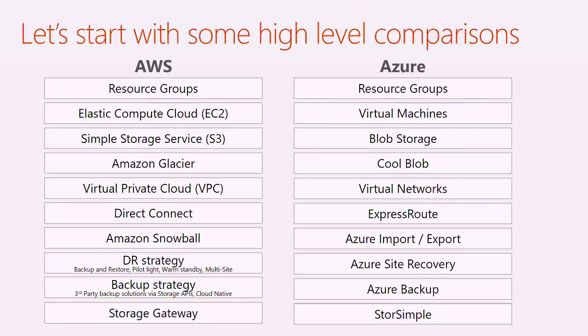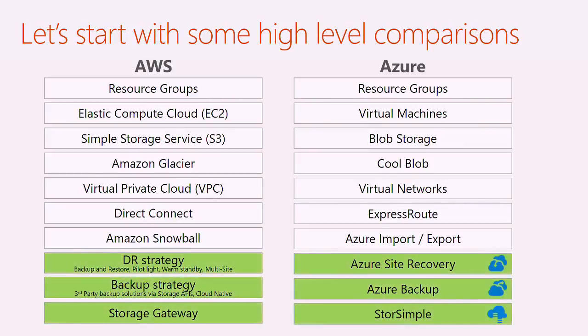The focus for today, though, is really around these three areas. So we'll be looking at the DR strategy from an AWS perspective, what Microsoft has in that area, and their product is called Azure Site Recovery. The backup strategy and the Azure Backup product, or backup as a service product. And AWS has a Storage Gateway, Microsoft has StorSimple.